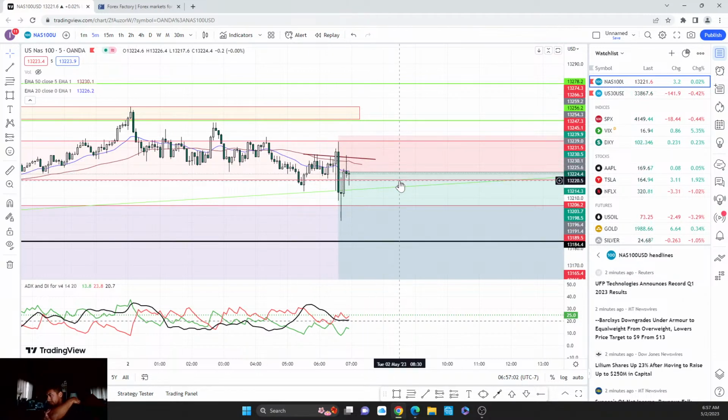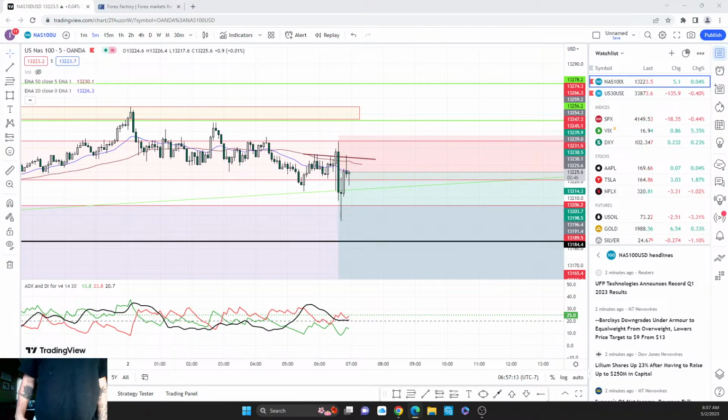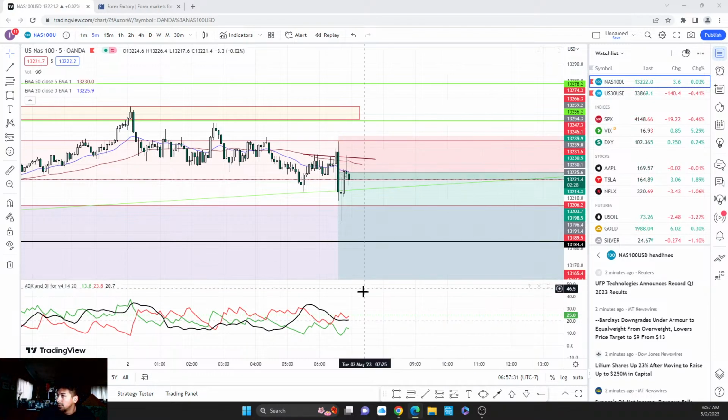Let's see. Damn, yeah, now when I look at it, it does look like it can come up on us. Remember, this is all going to be for scalping, right? We're looking for the scalp, so let's see what it gives us right here.